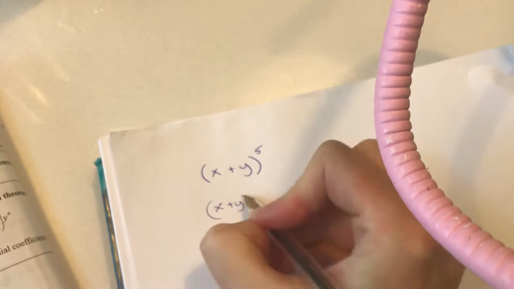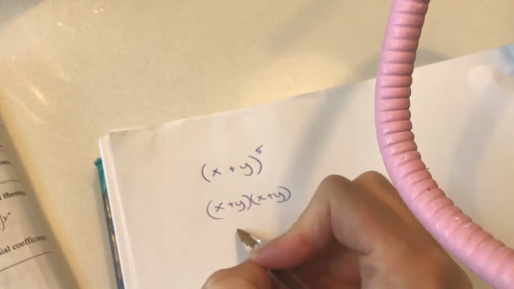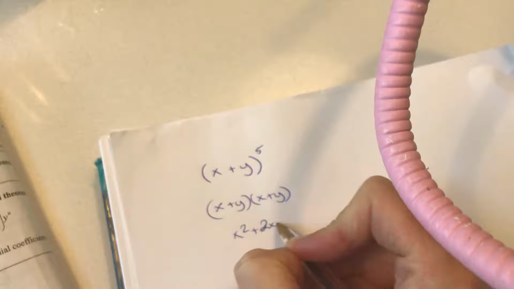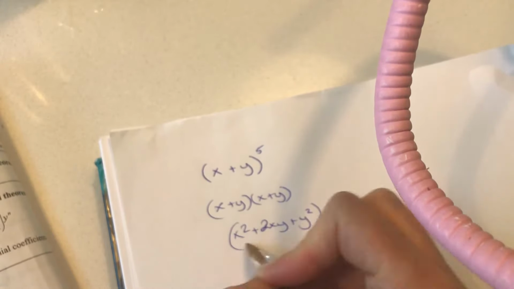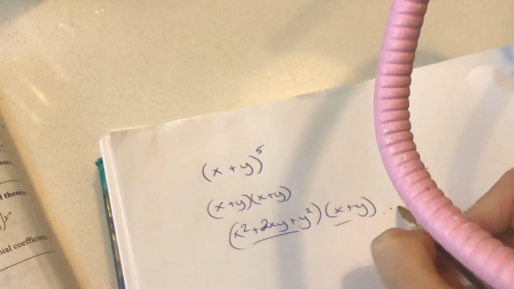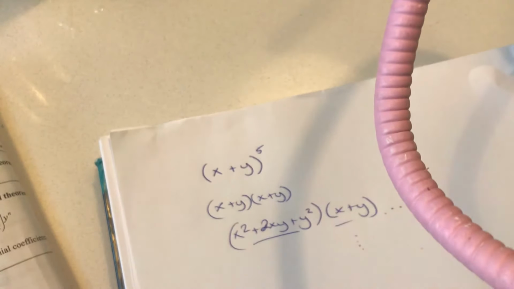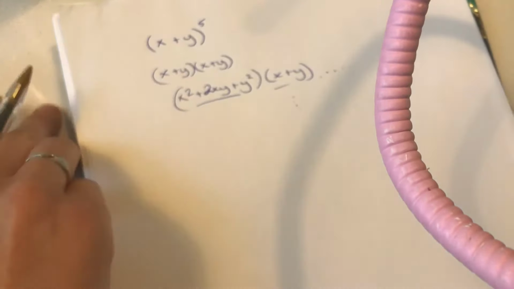So that's x plus y to the power of 5. You might just multiply that by itself 5 times, or you could follow the binomial expansion.